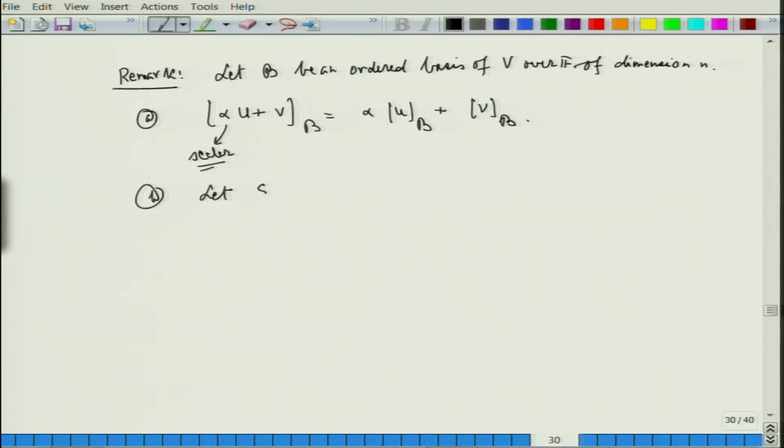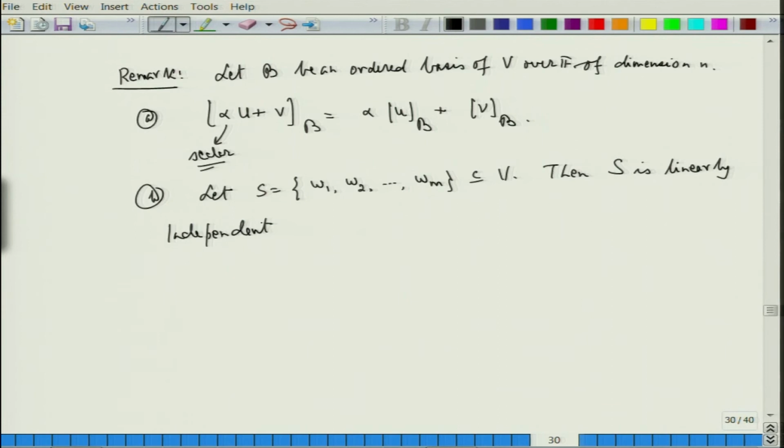To b, let S equal to W1, W2, Wm be a subset of V, then S is linearly independent. All right.